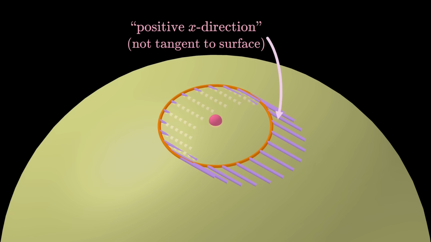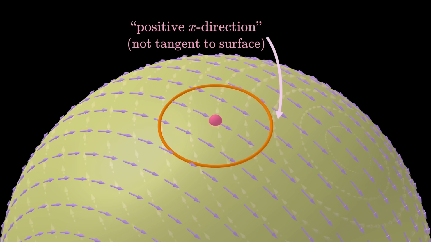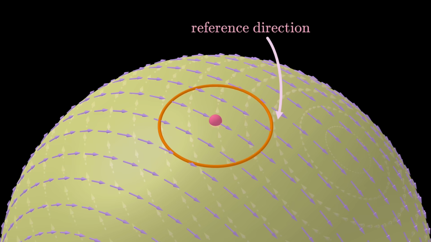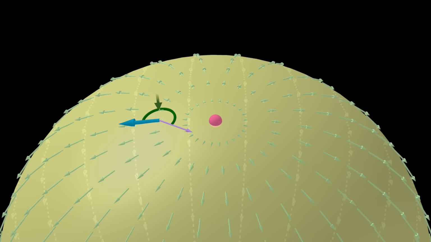So we construct a tangent vector field to make that the positive x direction, which serves as a reference direction, from which we can determine the angle alpha made with the vector attached there.